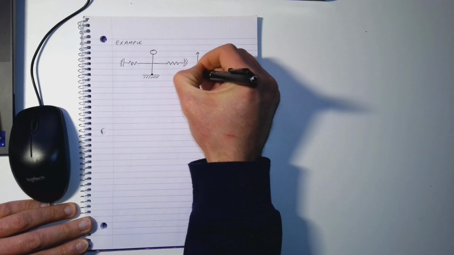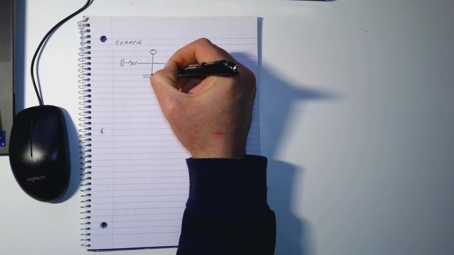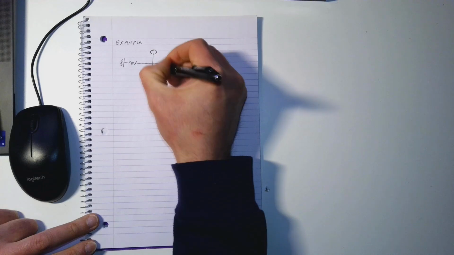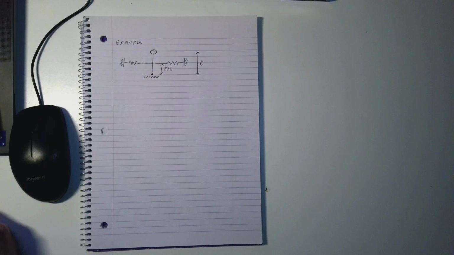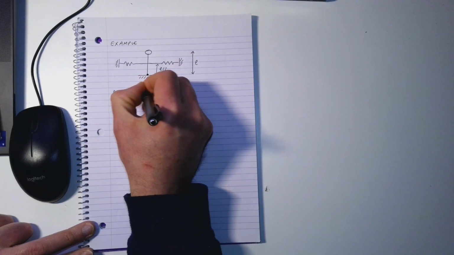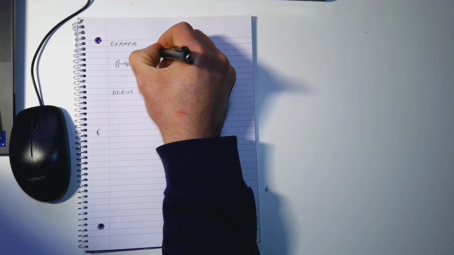We can call this L, and then this quantity here is L over 2, so it's half of the length of the rod. So what we want to do is derive the equation of motion. Of course, here we have the mass m.